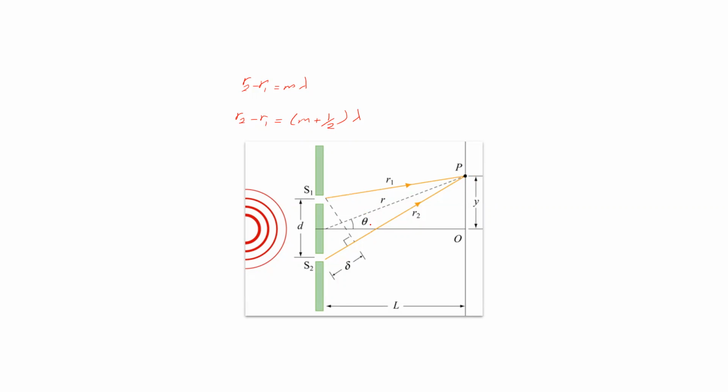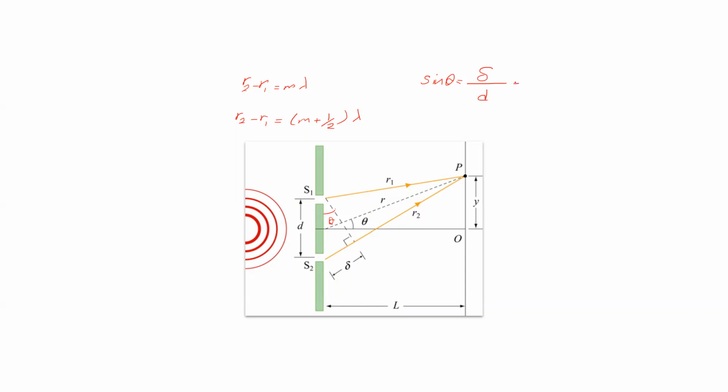Remember that here the theta is really small and also this part is equal to theta. So for this triangle I can write one equation for sine theta. I can say sine theta is sigma divided by d.